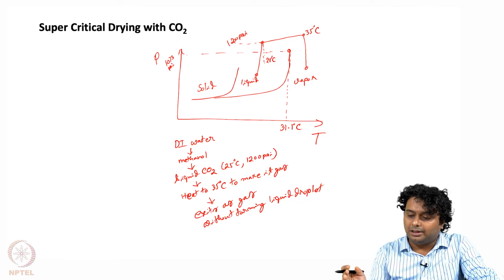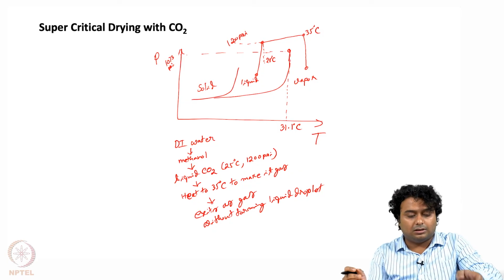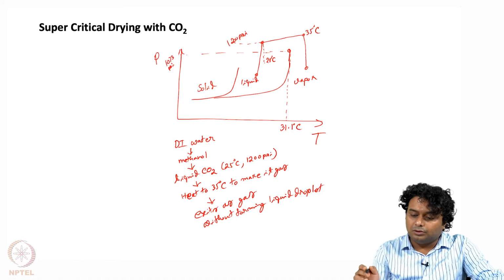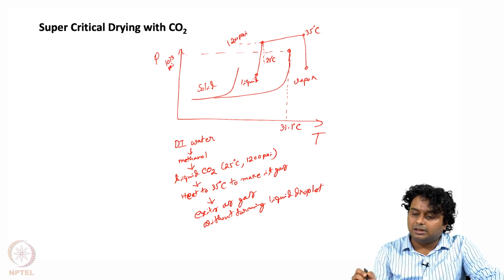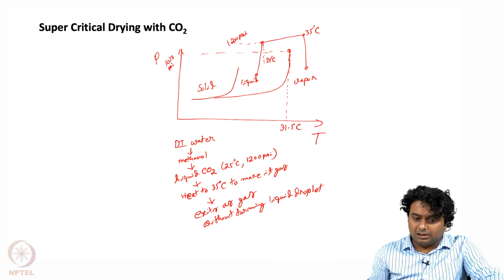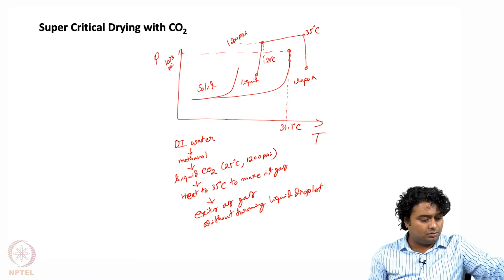The critical temperature is 31 degree centigrade, we can definitely go above that, and 1200 psi means about 73 atm pressure, we can also achieve that. So liquid CO2 is used, but there are other materials also, that we will now discuss.